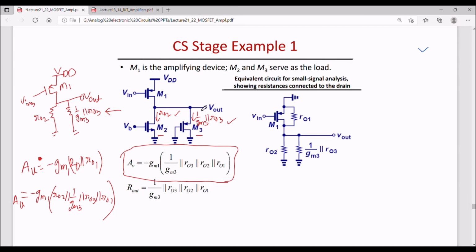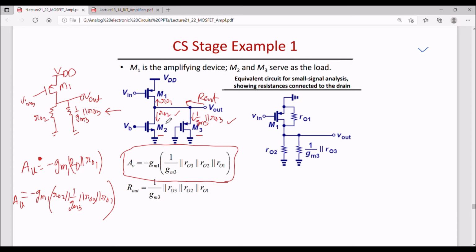Similarly, I can find out the output impedance. For finding the output impedance, again I'll utilize the impedance looking into M1 from the drain side, that is RO1. So the output impedance will have all these resistances in parallel.